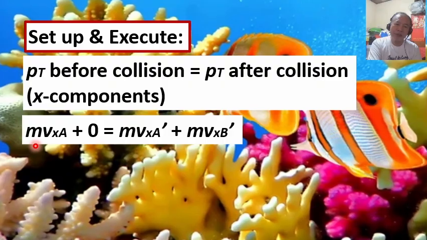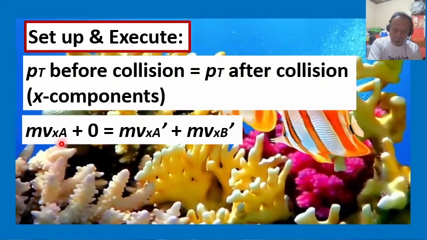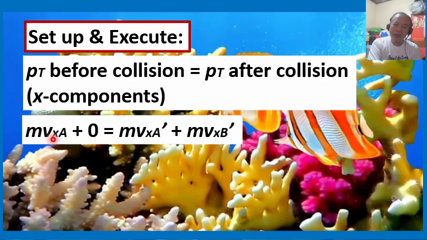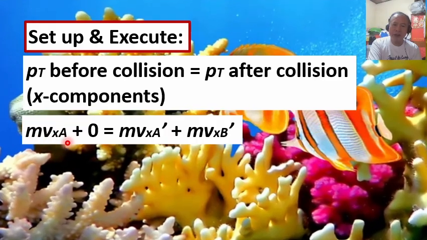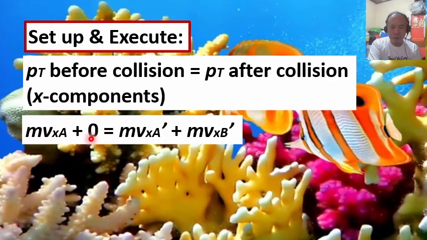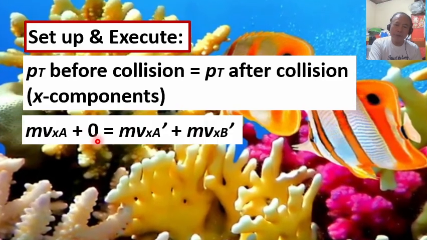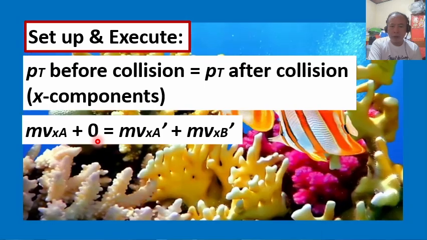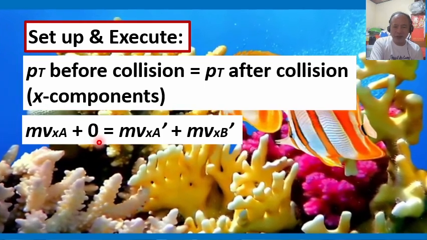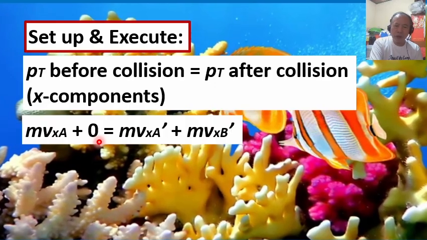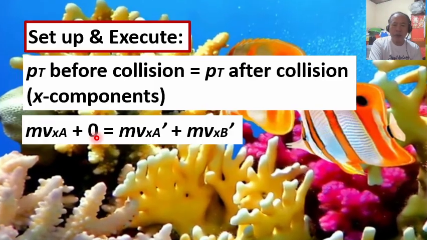The product of the mass of particle A and its initial velocity along the x-axis is what is represented by this first term. That of particle B is considered zero, the fact that it is only moving along the y-axis. So it has no x component for its initial momentum.